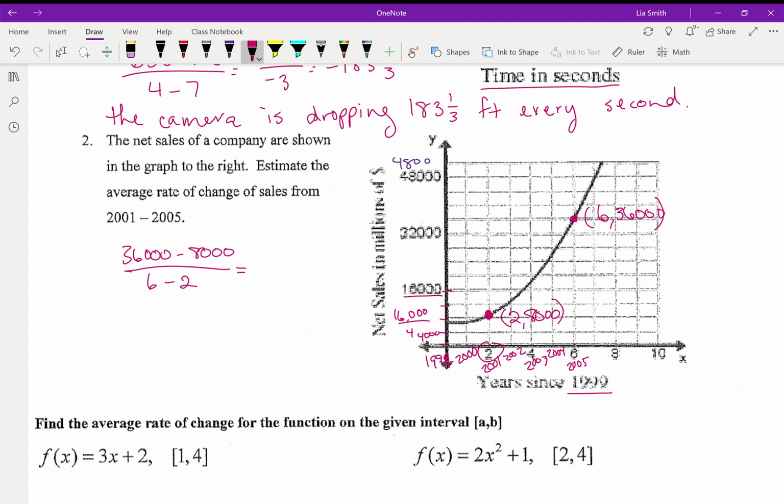You end up with 28,000 divided by 4, which is 7,000. So interpret that. What does it mean? It means the net sales, so $7,000 per year since 1999.